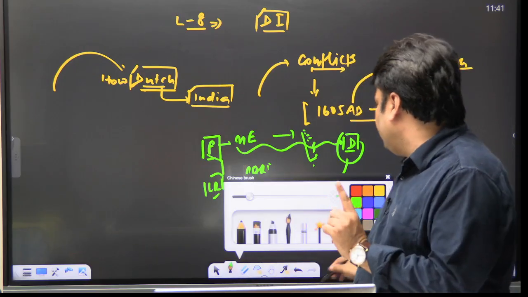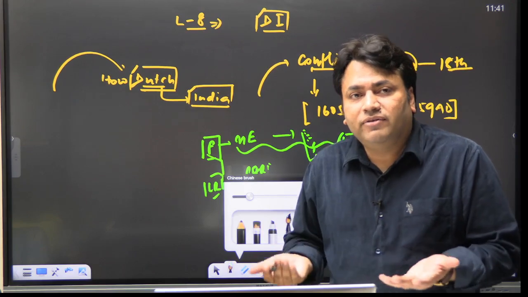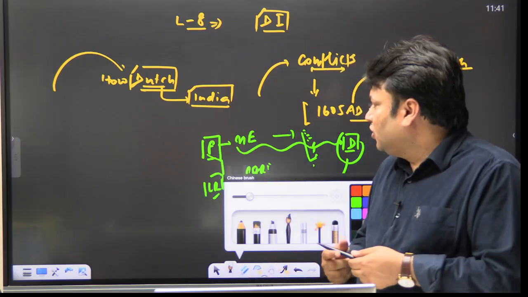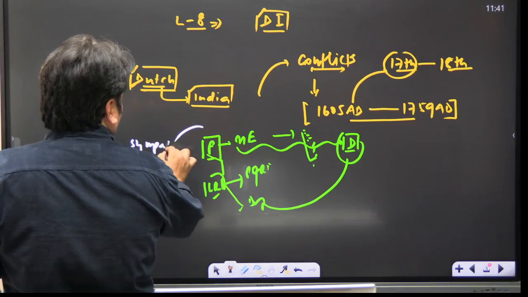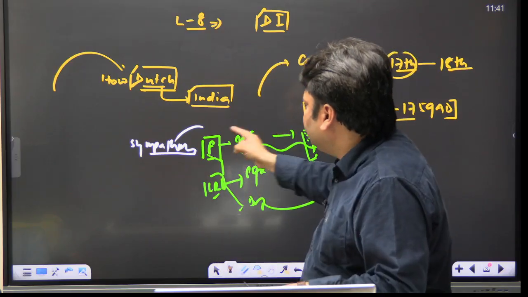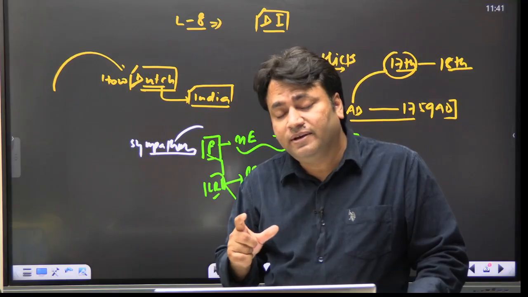And it might be a possibility that there will be some groups who are getting benefits from the presence of Portuguese in India. They are Indian groups, so they will be called sympathizers of Portuguese presence in India. So Dutch will have to fight with these sympathizers.